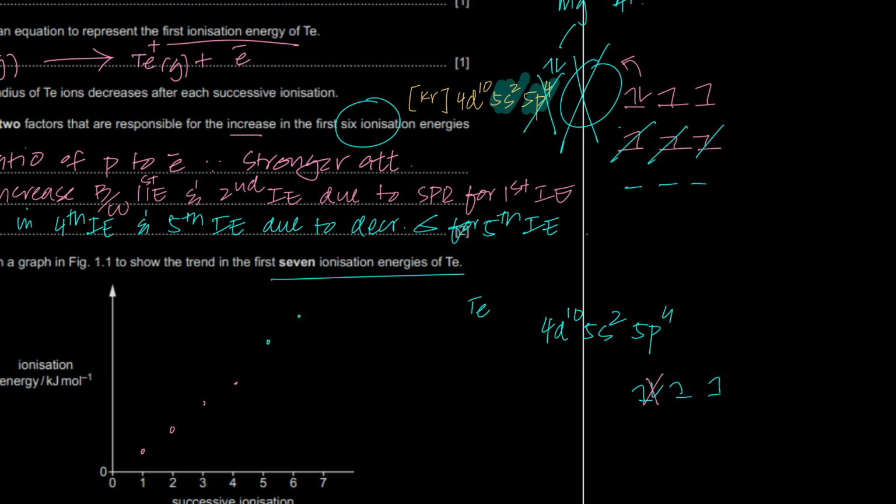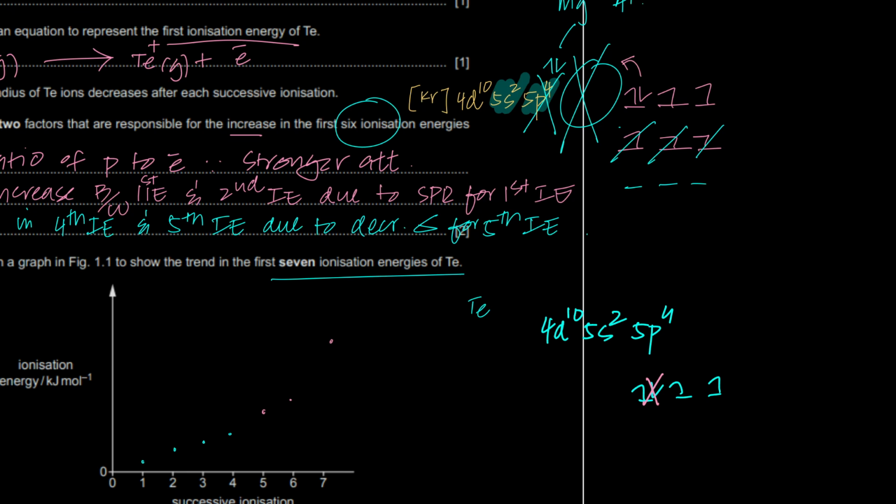So let me draw it a little better. It's the first, the second, the third, the 4th, but between the 4th and 5th, a slightly higher ionization energy, and then the 6th, and then between the 6th and the 7th, the highest jump, because the principal quantum number is changing. So this is how it should look.